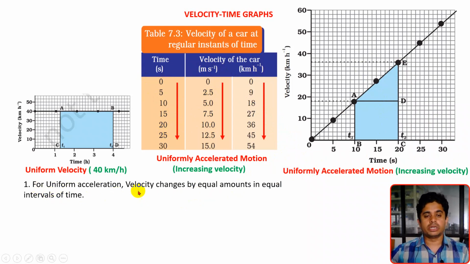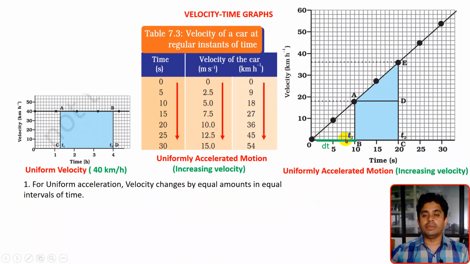For uniform acceleration, velocity changes by equal amounts in equal intervals of time. Just as for uniform velocity, whenever displacement changes by equal amounts in equal intervals of time, we call that velocity a uniform velocity. Here, for uniform acceleration, the velocity changes by equal magnitude in equal intervals of time. We will get more clarification through this graph.